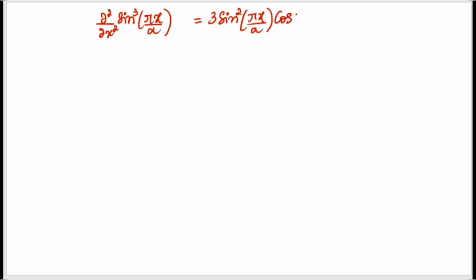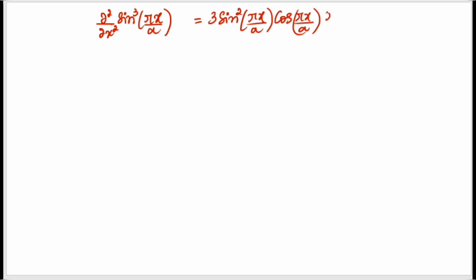What is that? Del square divided by del x square of sine cube pi x divided by a, right? If I do partial differentiation one time, I get 3 times sine square pi x divided by a. Again, differentiation of sine pi x is cos pi x divided by a.